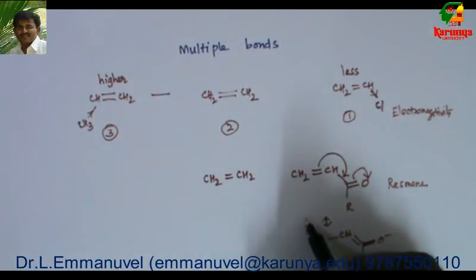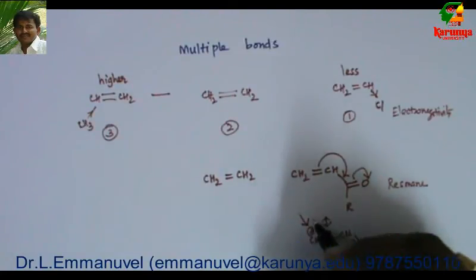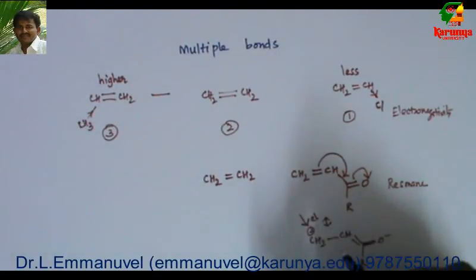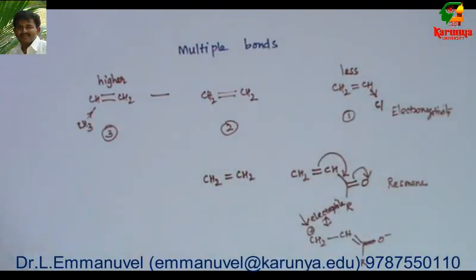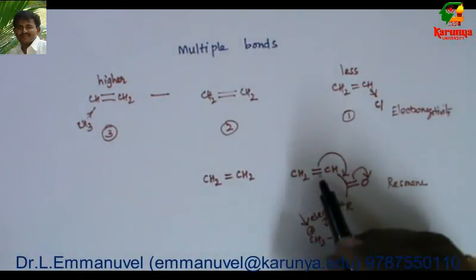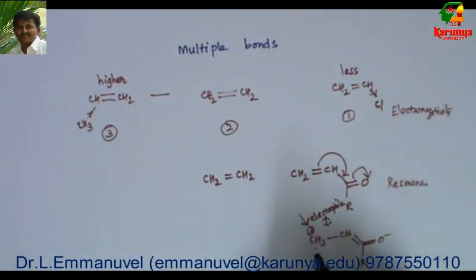Now this position is electrophilic. This position is electrophilic now. We have discussed that in the types of electrophile. So when I attach an electron withdrawing group, the electron cloud is removed and we get an electrophilic position there.